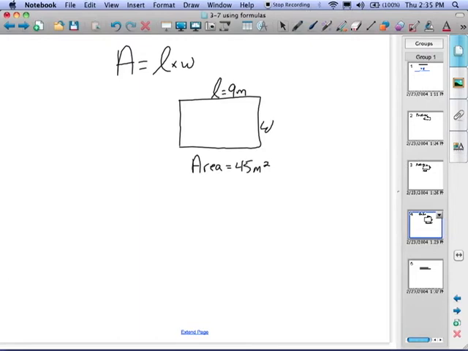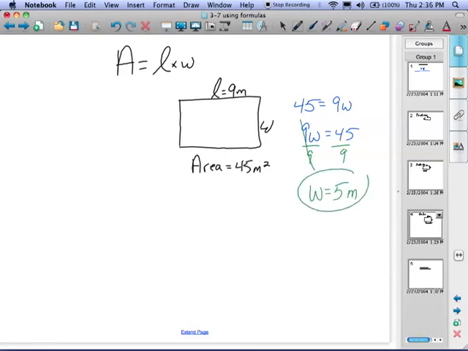So we will substitute in the area, 45, equals 9 times the width. So rewriting that, 9W equals 45. It's multiplication. We divide both sides by 9. The 9's on the left cancel each other out. And the width is 5 meters.